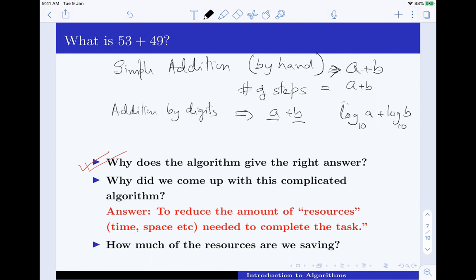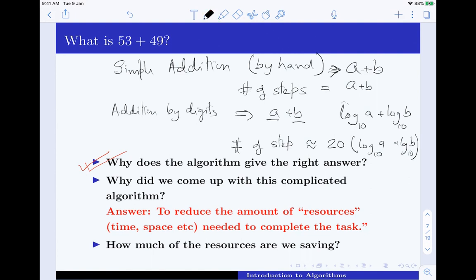So in some sense, the number of steps that you will be doing is something of this form, with some constants, and maybe for adding up any one digit you will need, say, 20 steps at most. So it will be something like 20 times log A base 10 plus log B base 10.